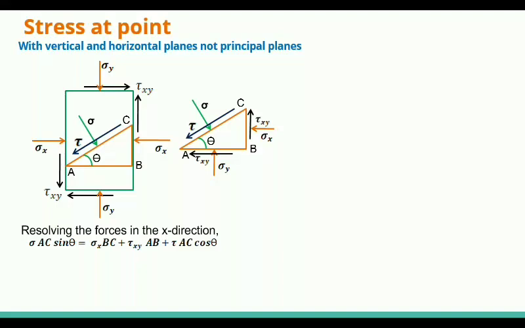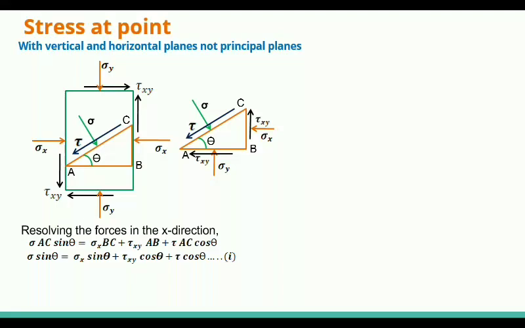Sin theta equals sigma x BC plus tau xy AB plus tau AC cos theta. You can try it also, take your pen and paper, and you will get this result. Divide by AC from both sides, and you get sigma sin theta equal to this value. Just assume this is the first equation.